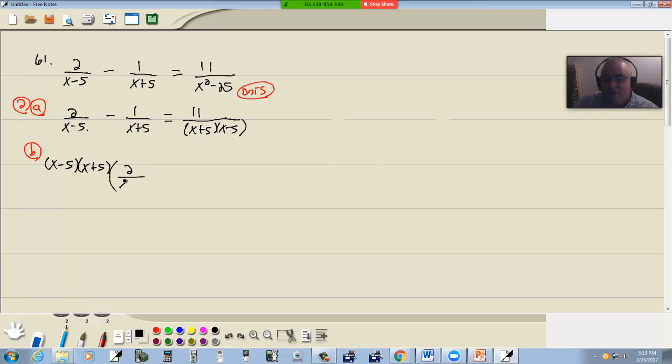So we'll multiply by our first fraction. We'll multiply it times our second fraction. And we'll multiply it times the fraction on the right side.